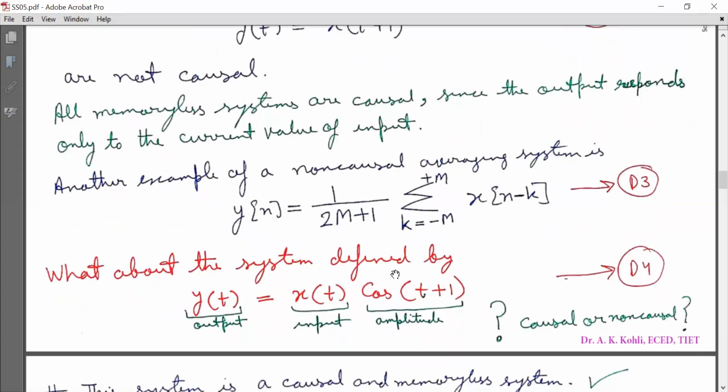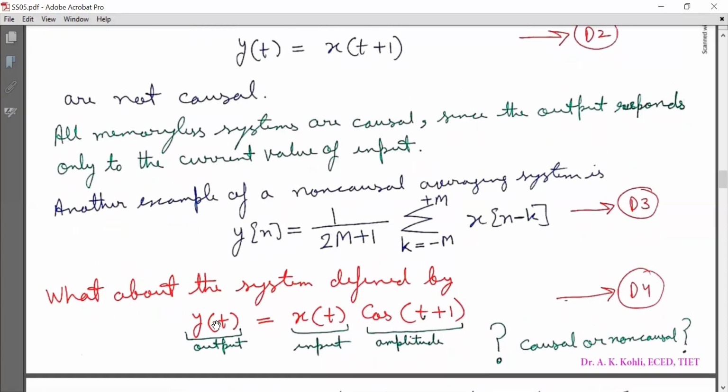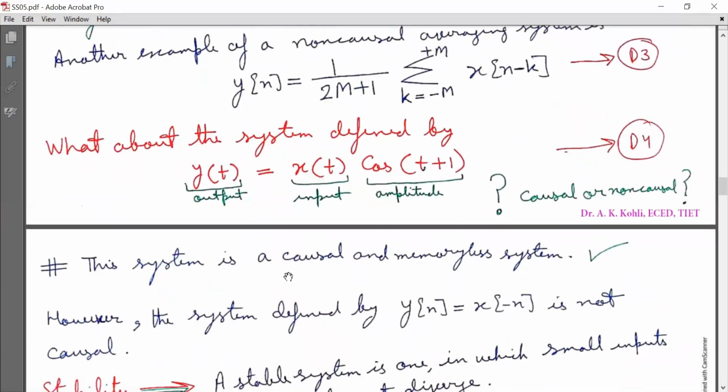What about the system defined by equation D4, that is y(t), the output, is equal to x(t) into cos(t+1)? So this is actually amplitude. This is input, this is output. Is this causal or non-causal? This system is a causal and memoryless system because this is amplitude.